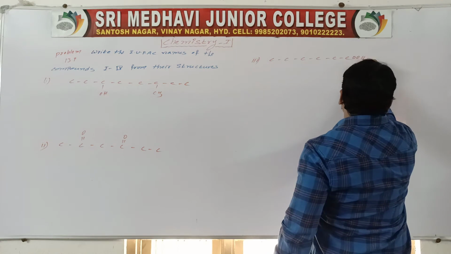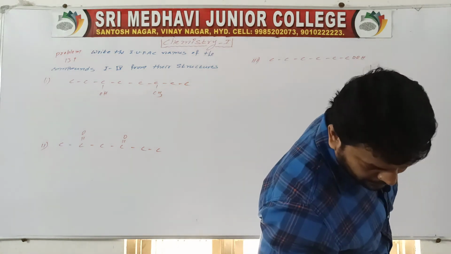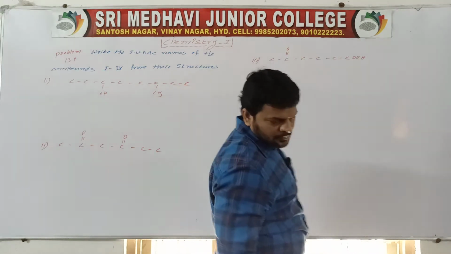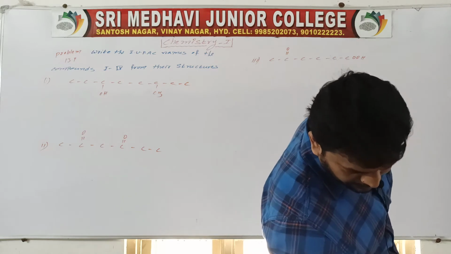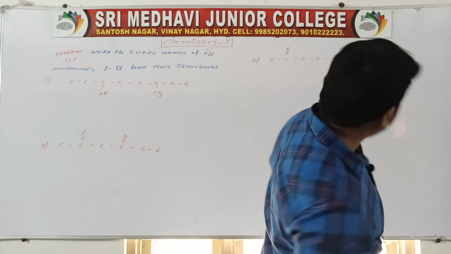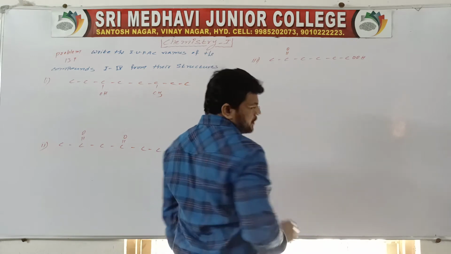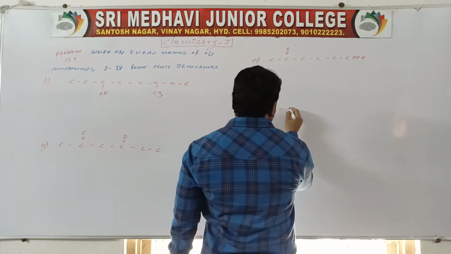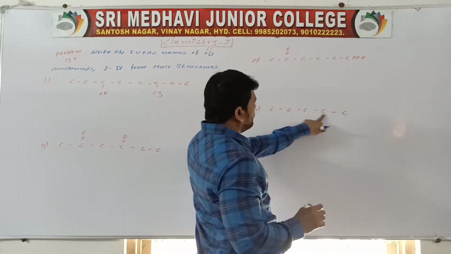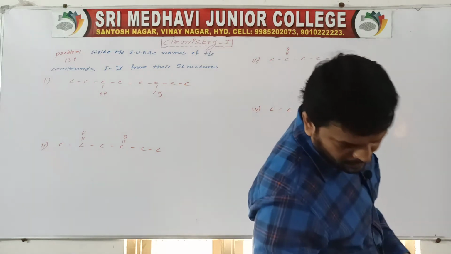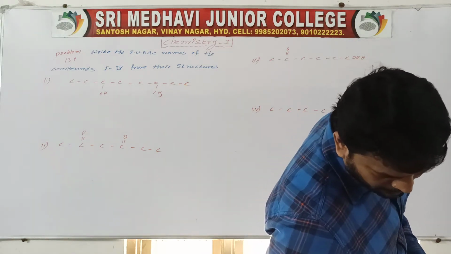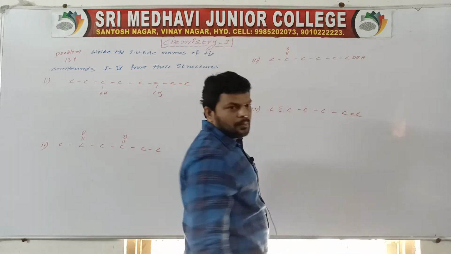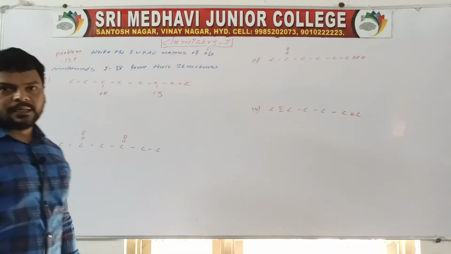This has a COOH functional group, and the fifth carbon has C double bond O. Next, the fourth one has 6 carbons, C 1 2 3 4 5 6, with a double bond and a triple bond. So we have to write their names.